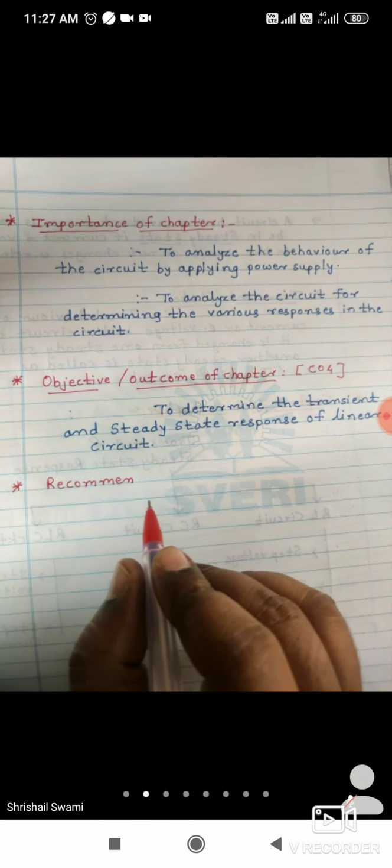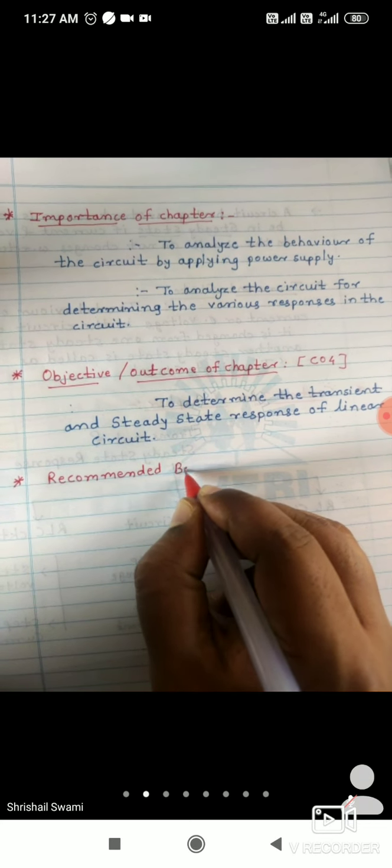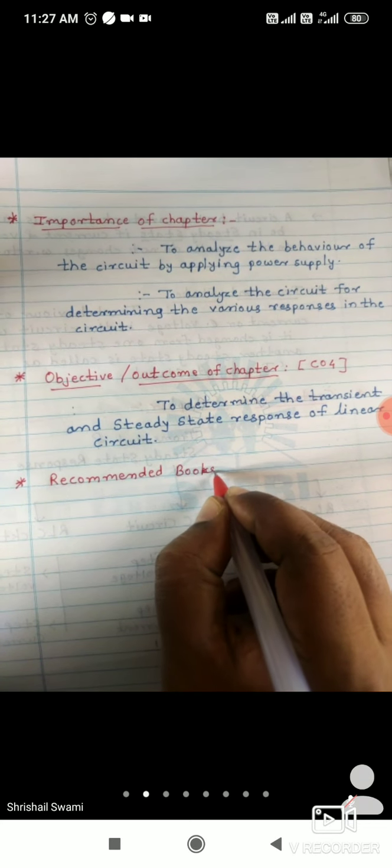Because it consists of RLC circuits. As usual we are learning transient as well as steady state response, and we can determine them for any linear circuit. So which book can you refer to? I will give the names of the recommended books for this particular unit.